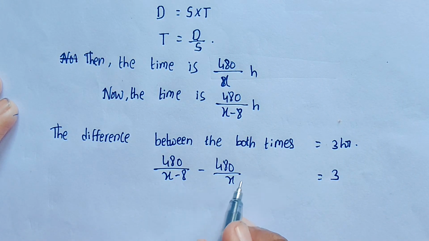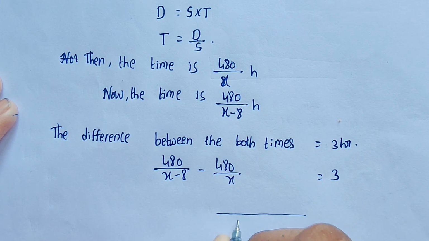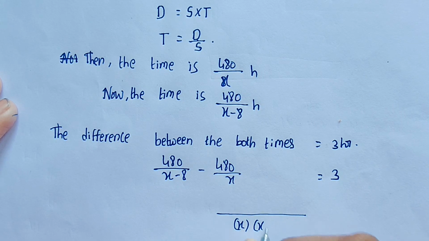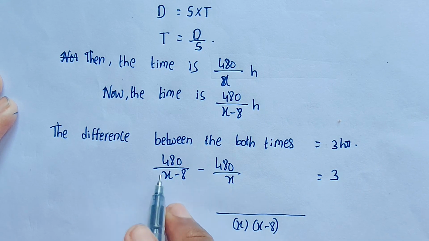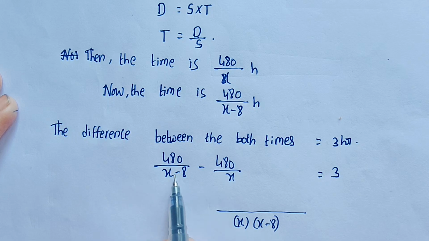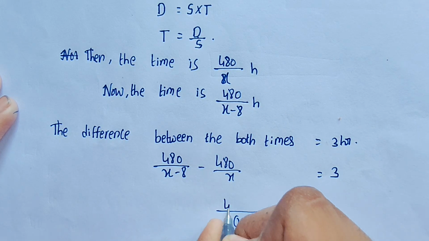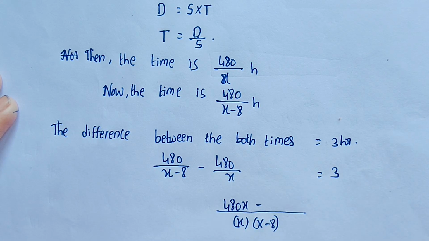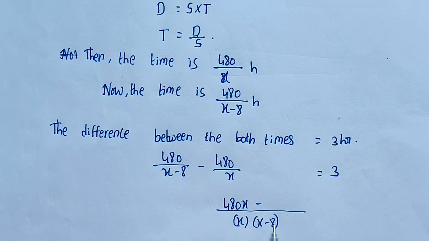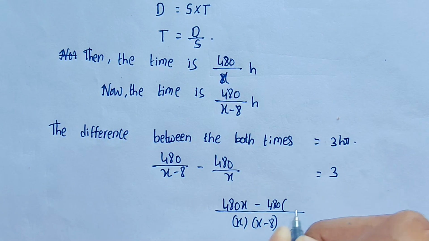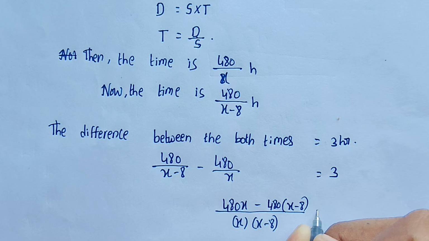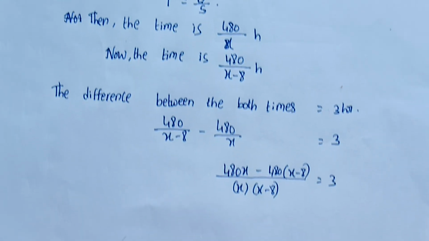The LCM of x minus 8 and x is x into x minus 8. So x into x minus 8, x times 480 into x, 480x, minus x minus 8 times 480, so 480 into x minus 8, equals 3.